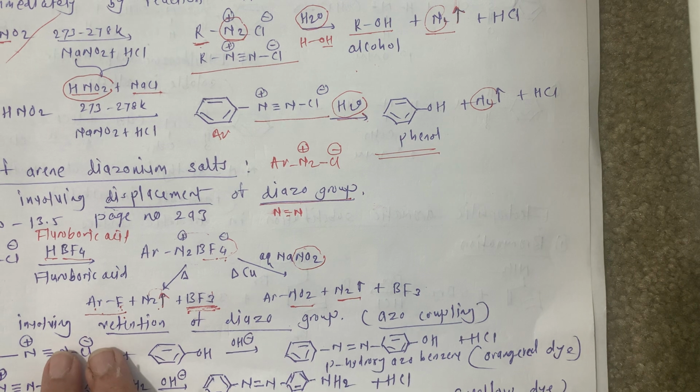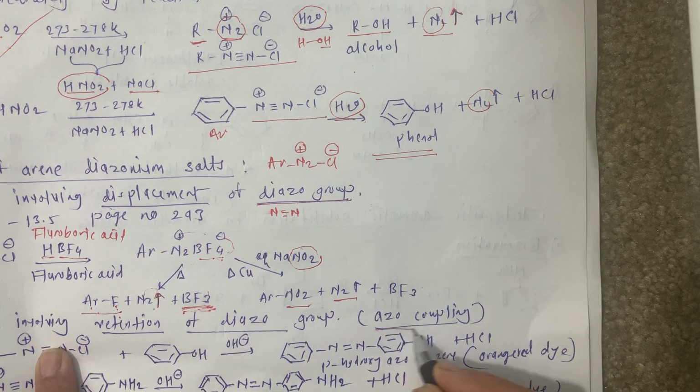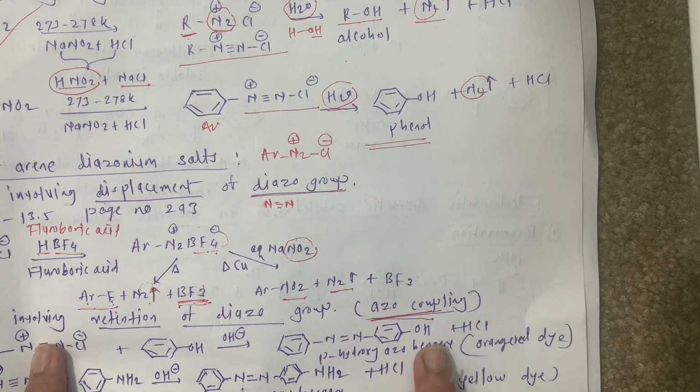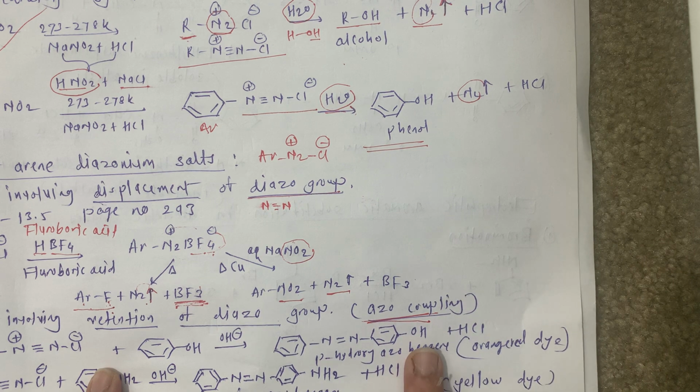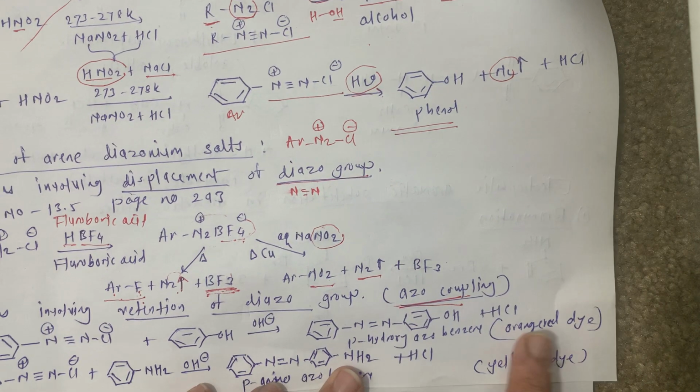This group is going to attach to this. So this is also called azo coupling reaction, azo coupling, and HCl is going to come out, and this is nothing but orange red dye.